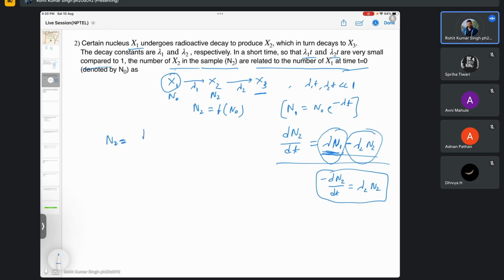So in terms of the number of X1 at time t equal to 0, this comes out to be this expression, with lambda 2 t.